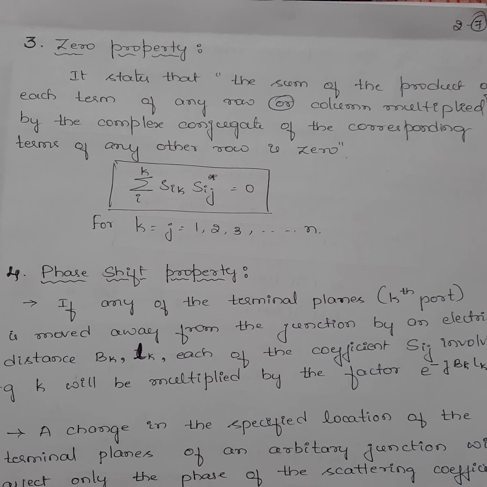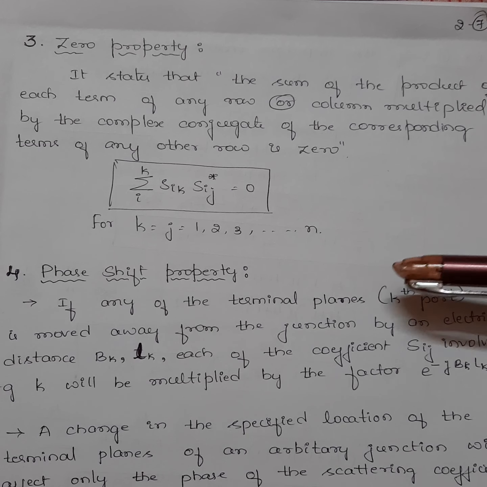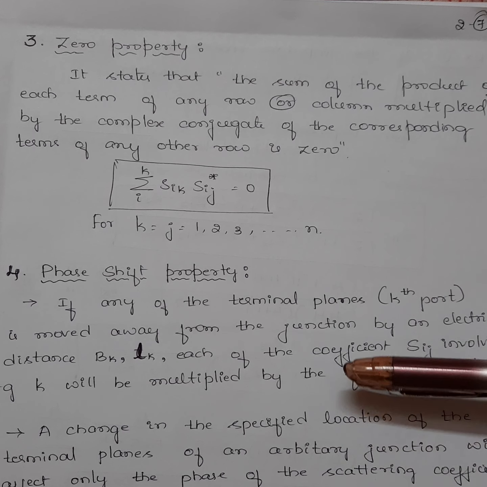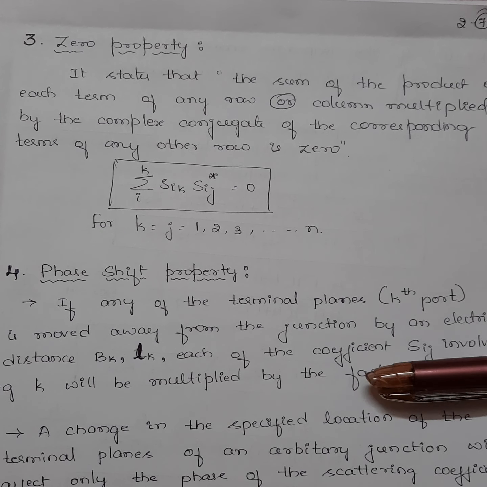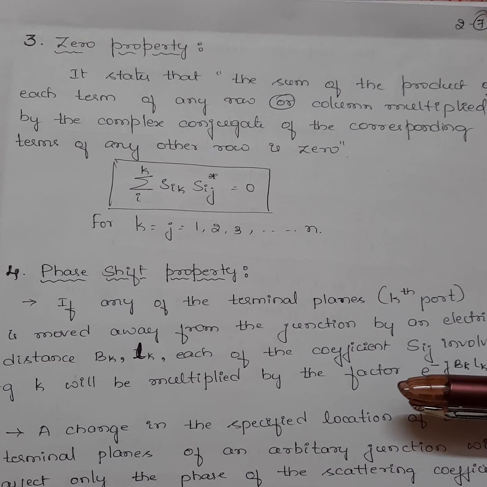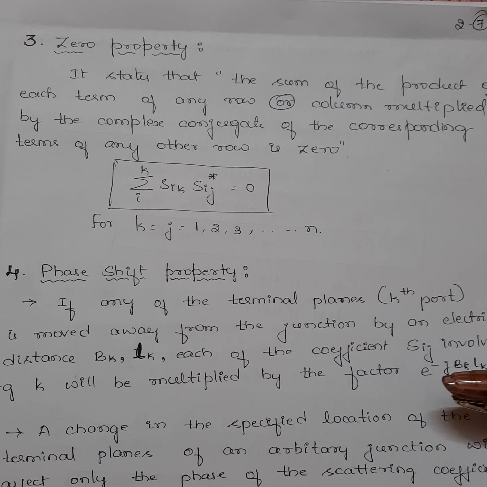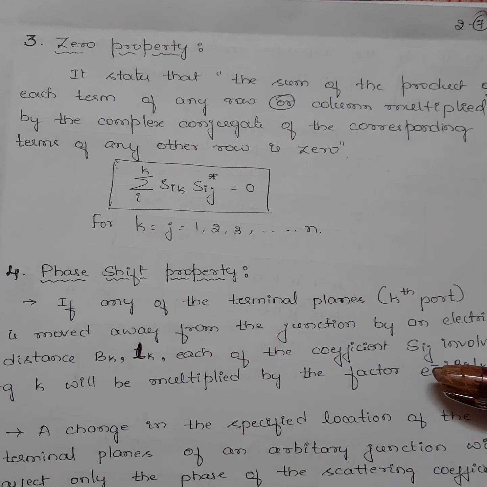If we consider the example of the kth port here, and move that away from the junction by a distance of bk lk, then each coefficient Sij involving k is going to be multiplied with e to the power of minus j bk lk.